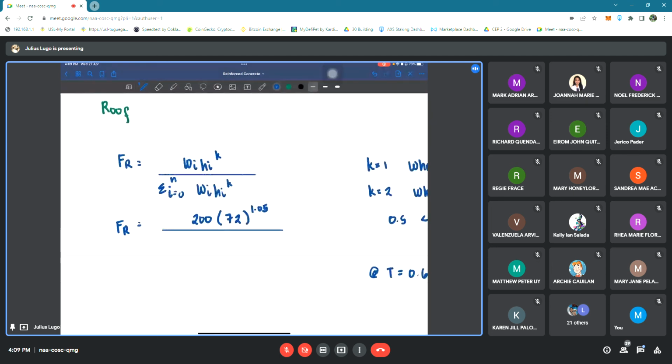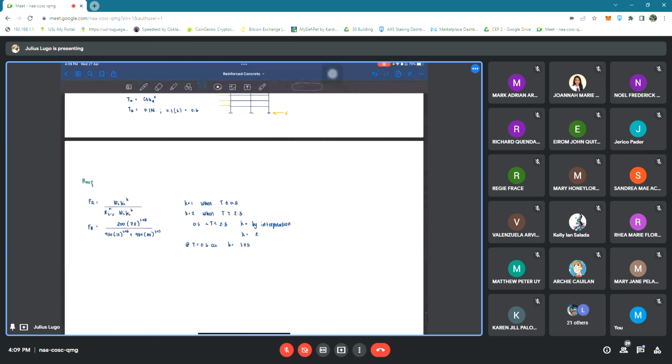That is the first level, equal to 450 multiplied by the height of that level from the ground raised to 1.05. Or if you want, you can tabulate this later. Plus the second floor, 450 times 24, right? 24 raised to 1.05.